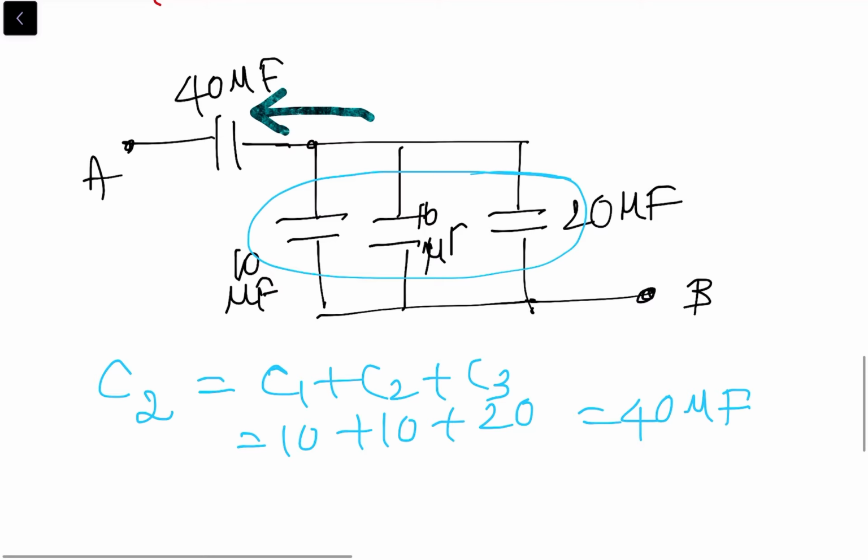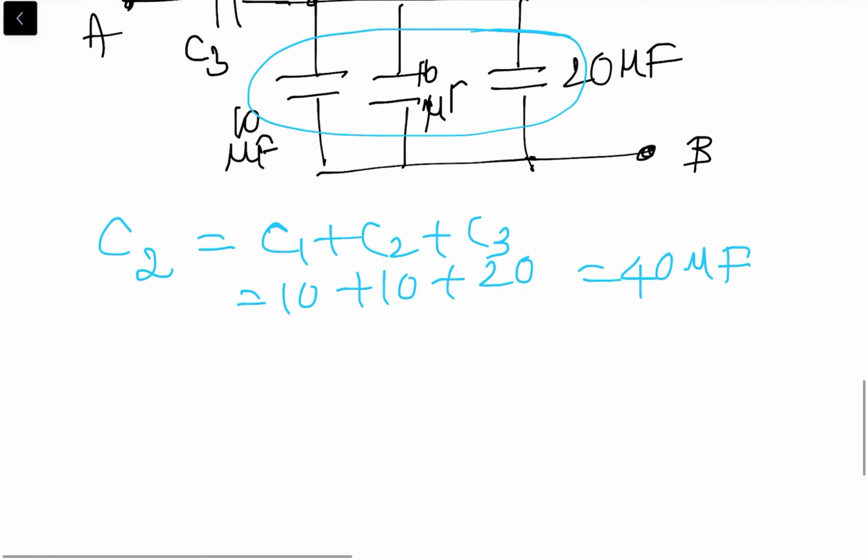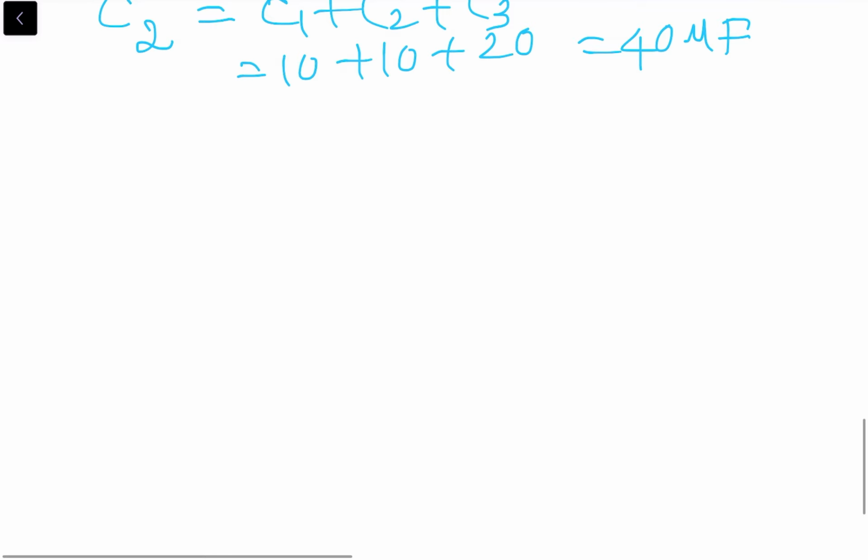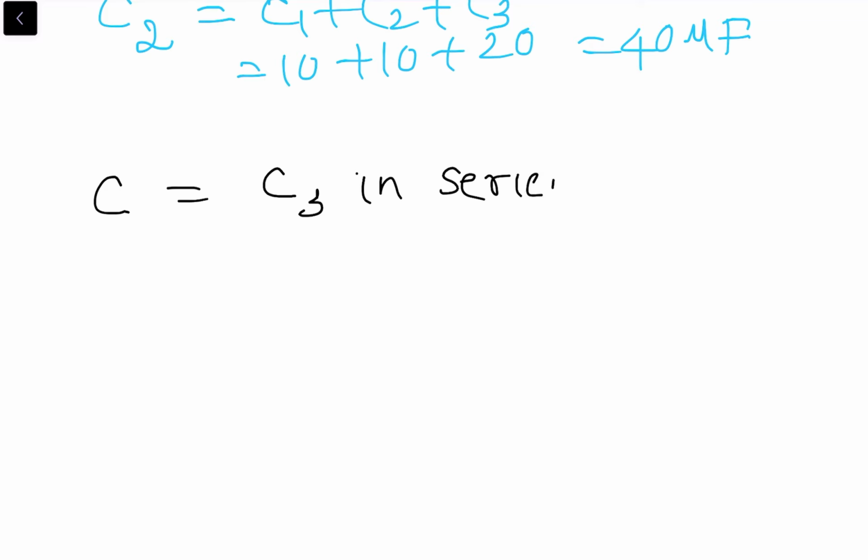The initial one, let us take it as something like C3. Then C3 and C2 will come in series, therefore in series combination. Therefore the resultant is C is equal to C3 in series with C2.